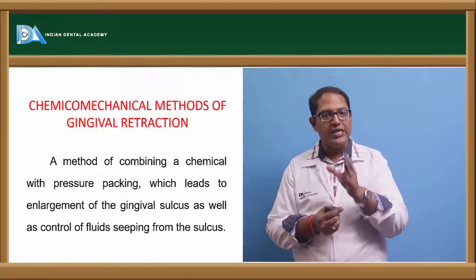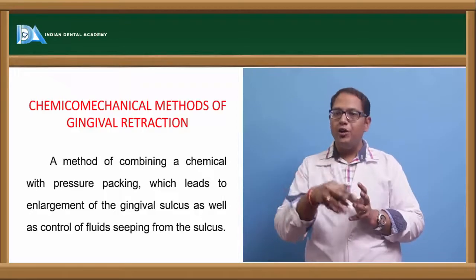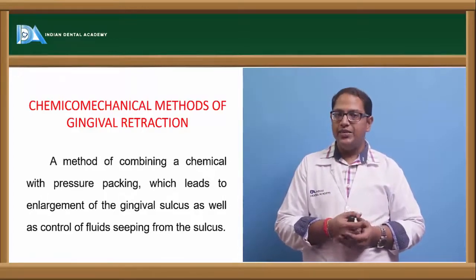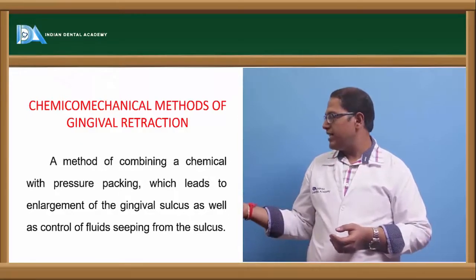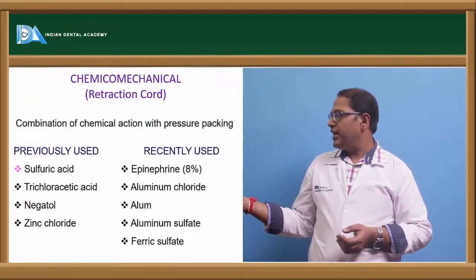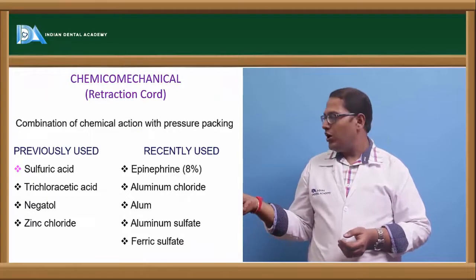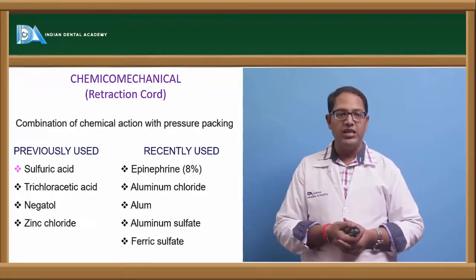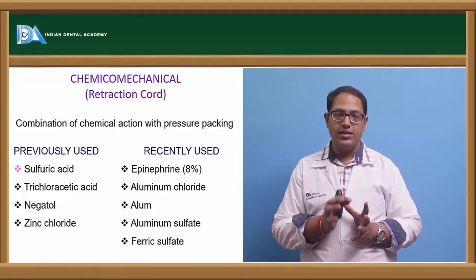Now after placement of the cord and making of the impression, how much time are we supposed to give? Let's go back to some slides before. If I am using 8% epinephrine or say aluminium chloride 25%, at that time 10 minutes is important.